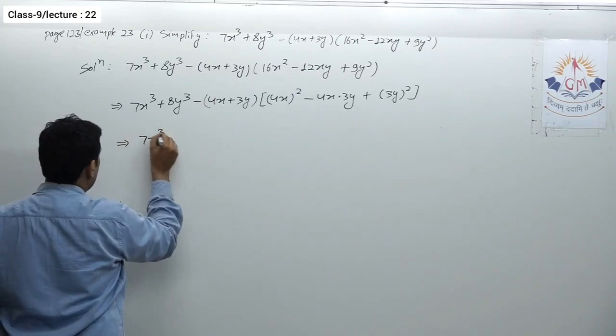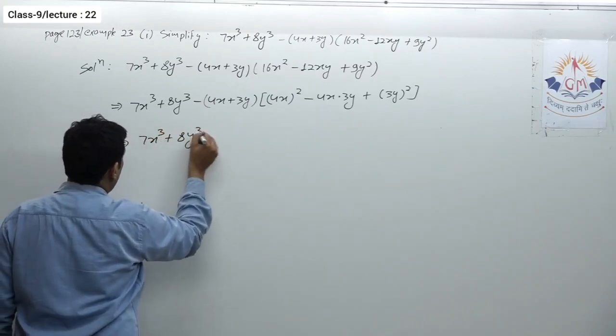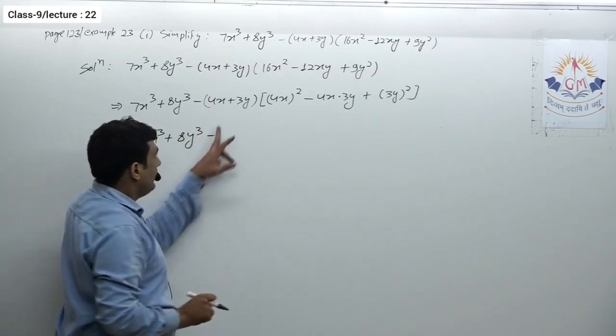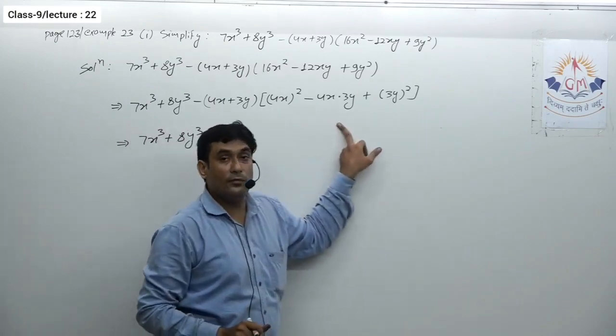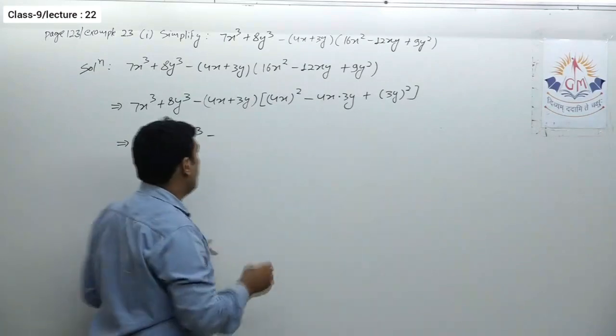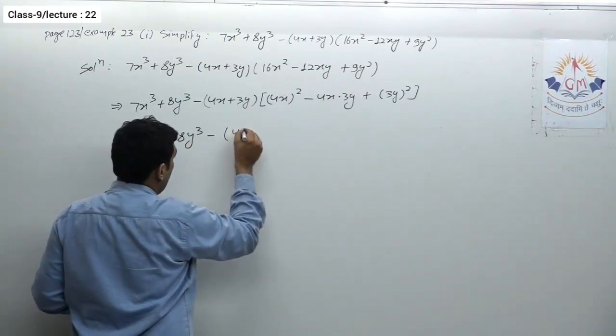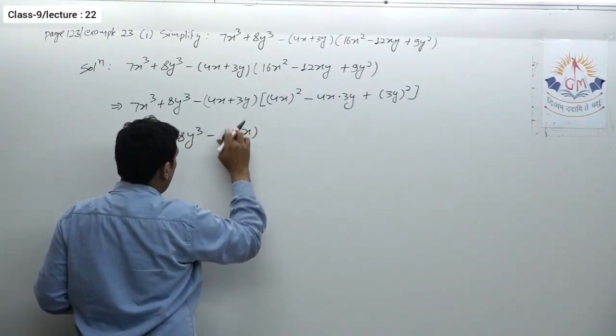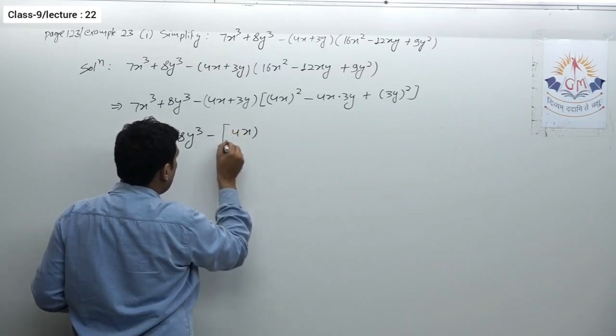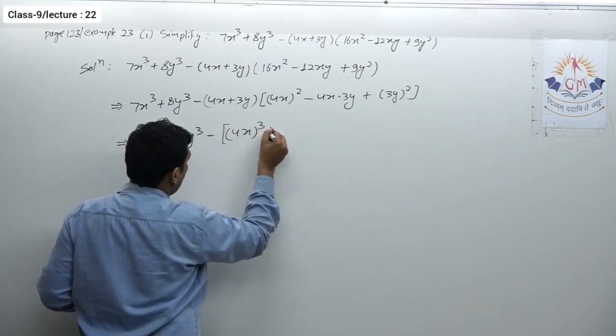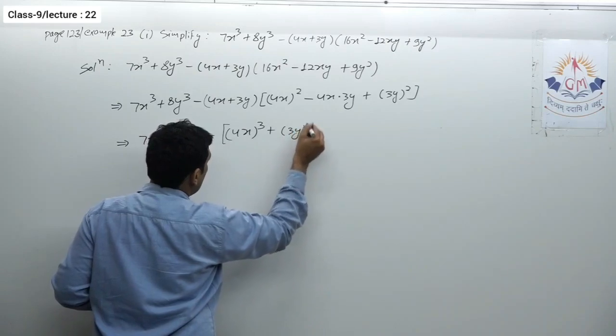So 7x cube plus 8y cube minus, now this fits the identity of a cube plus b cube. So this will become a cube plus b cube.